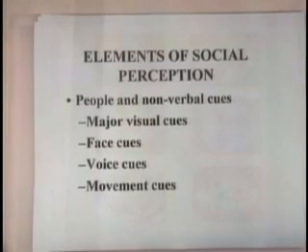Let's start with the major visual ones, and then we'll move on to the face. When we scan a room, the first way we divide people is males and females. So we're forming impressions immediately on the basis of gender or sex.